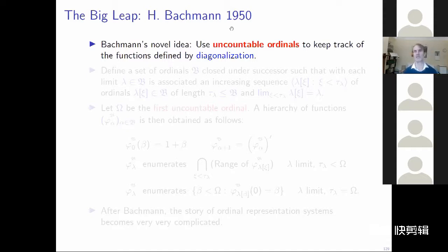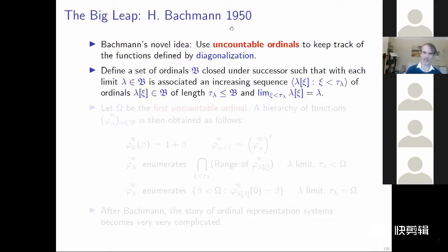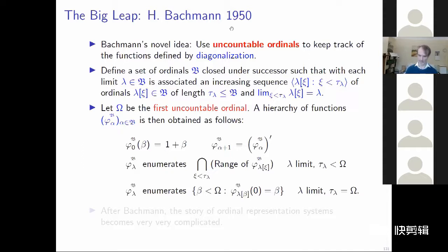His idea was, to name countable ordinals, you use uncountable ordinals. And the uncountable ordinals somehow serve the purpose of keeping track of functions defined by complicated diagonalizations. What he actually did is quite complicated, and I will just skip it.